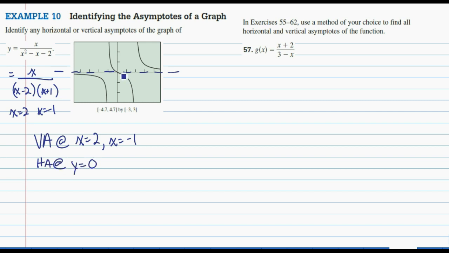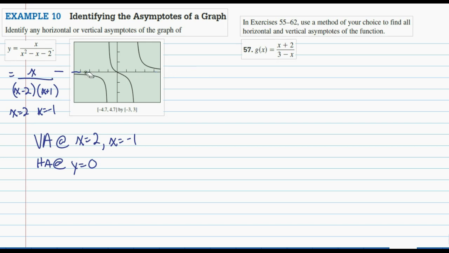Now again, the graph is actually going to pass through the y value 0 right in the middle, but as we go way off to the outsides here, the graph is going to get very, very close to the x-axis, or y equals 0, but never actually touch it. Same thing all the way out here to the left.